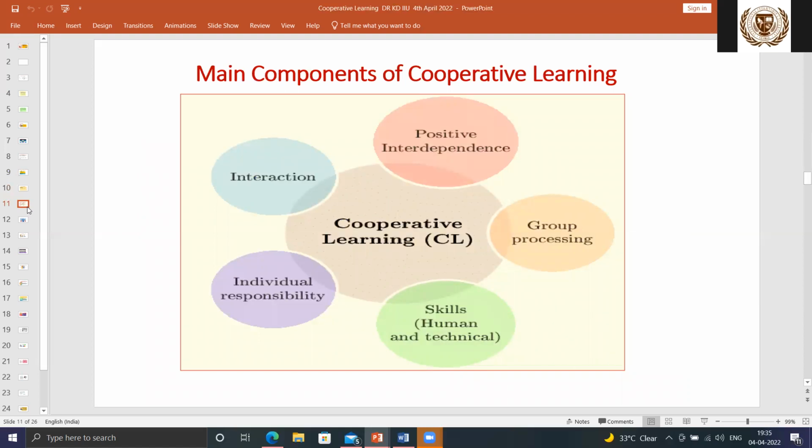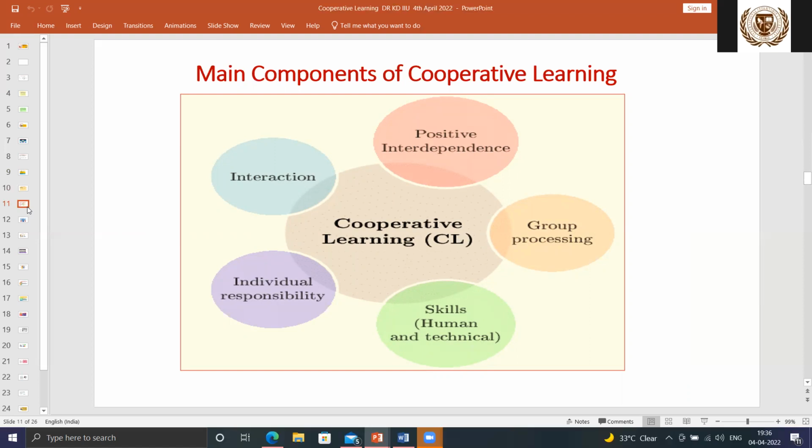The main components of cooperative learning. There is positive interdependence. It means students are mutually dependent on each other for their learning goals. Unless everyone completes the task, the task will be incomplete. So for completing a project activity, everyone has to depend on each other.